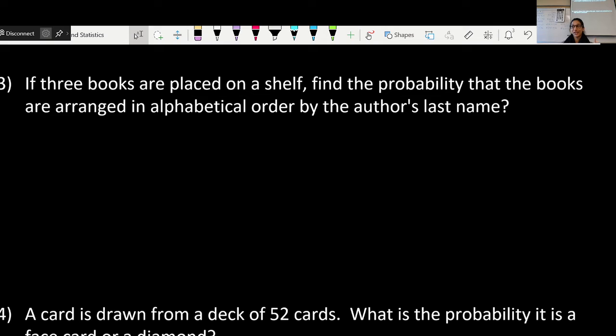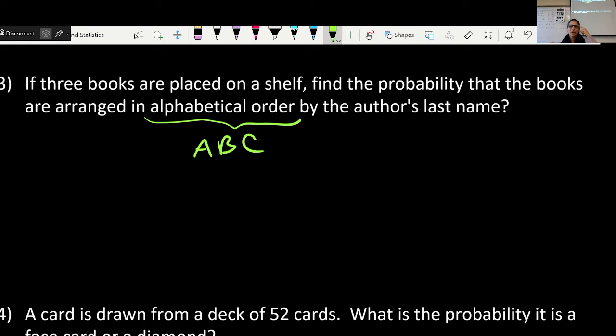Okay, we got to think about this one. This is why we're doing these together. This is where things start to get a little more complicated. So, if we're doing alphabetical and we're talking 3 authors, we could do this however we want to, but since we're talking alphabet, maybe we just call them ABC? Everybody good with that? Okay, you can find your own strategy, but do you see that since we're talking alphabet, that's maybe a good way to do it, and then we won't get it mixed up with numbers.